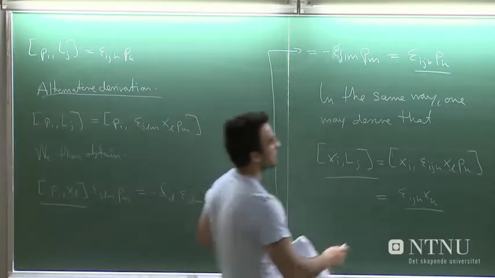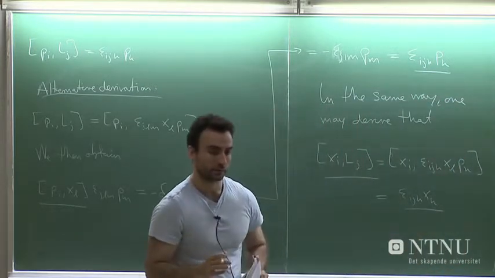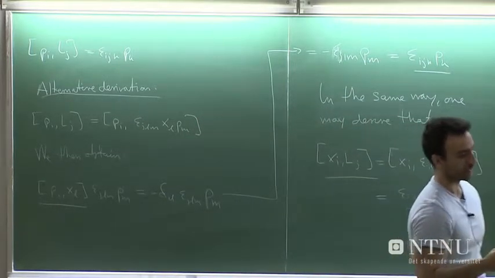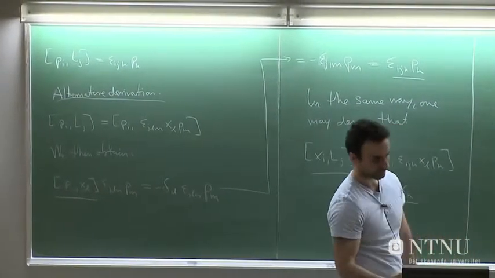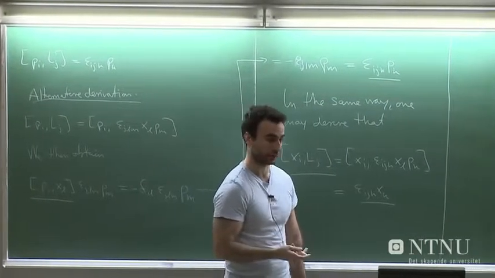All right. We'll have a look at one more example for how we can use these Poisson brackets, and it's a particularly important example because it's related to group theory, which you will be more familiar with if you take more advanced theoretical physics courses.